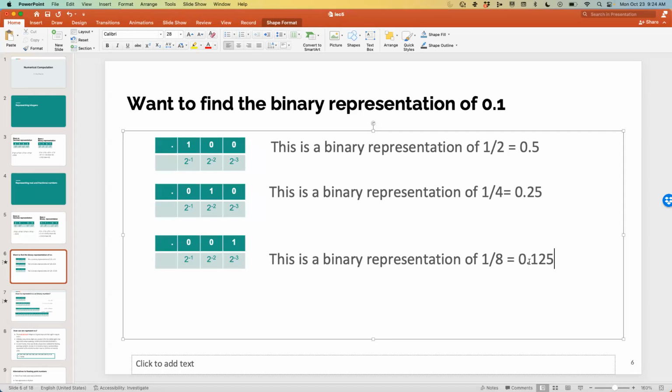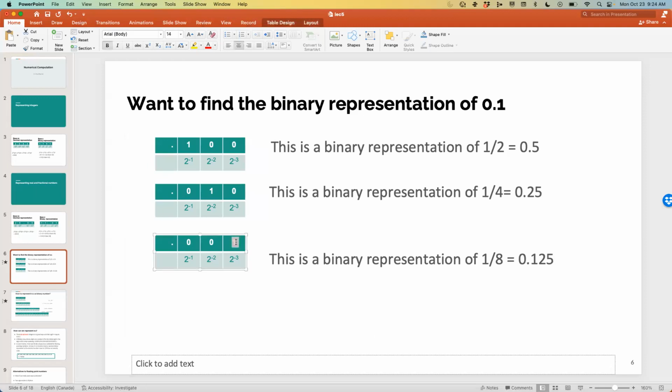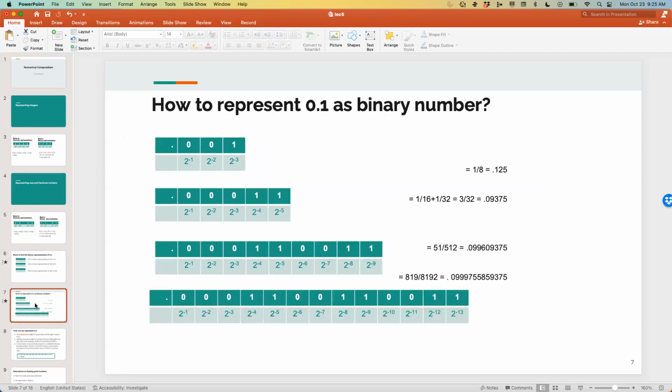This is again more than 0.1. So the third digit after the decimal point in binary cannot be 1 either. We're going to continue this way. All of these have to be 0, because if one of them is 1, it will be more than 0.1. Remember, we want to represent 0.1. So let's go to the next digit.